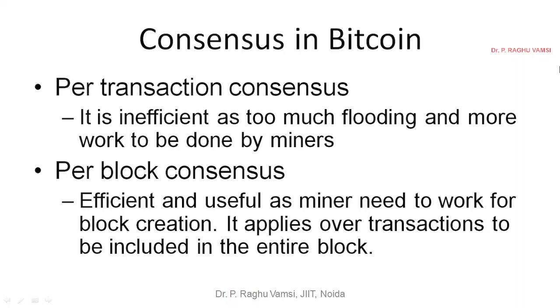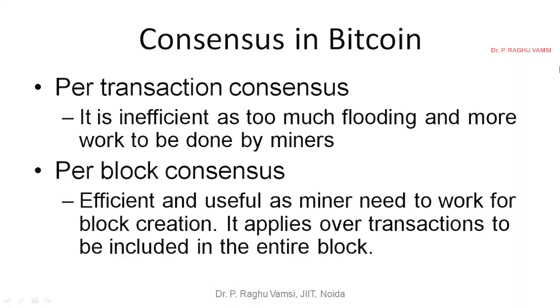So alternatively, we have another plan: per block consensus. Instead of having per transaction consensus, we'll go for block level consensus. While creating the block, the consensus must be achieved. That block may have some valid transactions. This is an efficient procedure because the block will not be created every minute or every half minute.